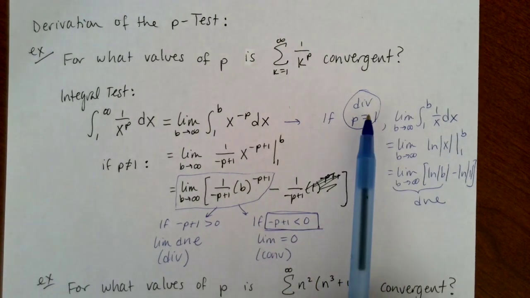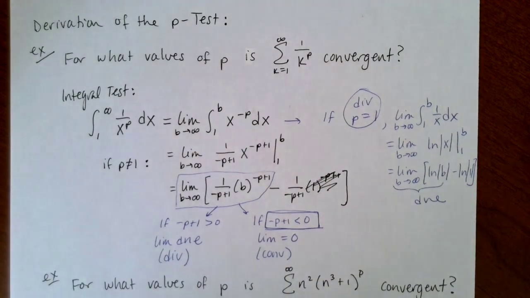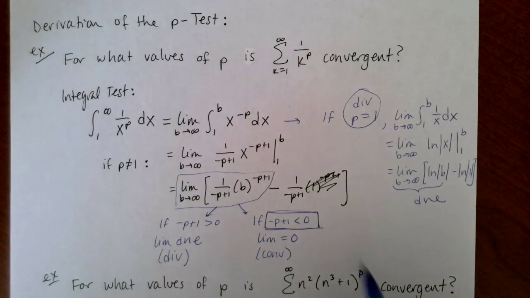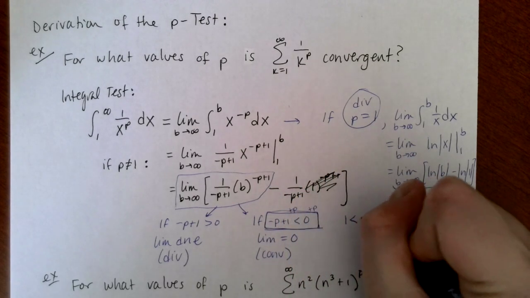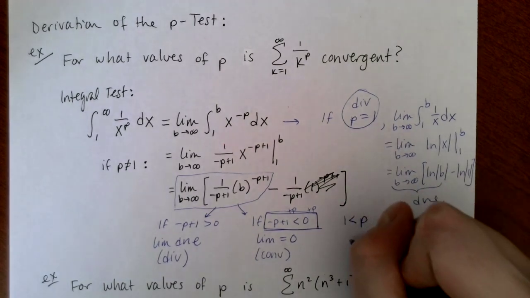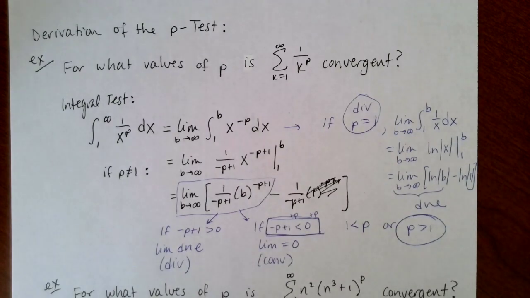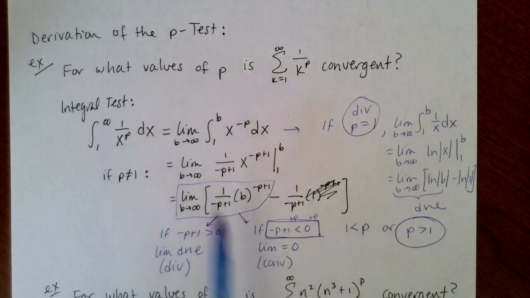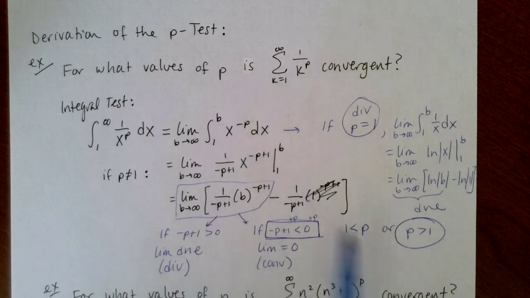And if I wanted to include the 1, I would make this an or equals to here, but we know p equals 1 is not part of this category, so we don't have to worry. All I need to do is solve for p by adding p to both sides. So we'll do plus p, and we get 1 is less than p, aka p is greater than 1, which is usually how we say it. So as long as the p value here is greater than 1, it's a convergent improper integral because we get a limit. And that would mean that this series is convergent as well.